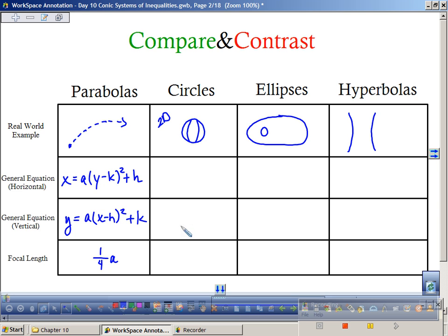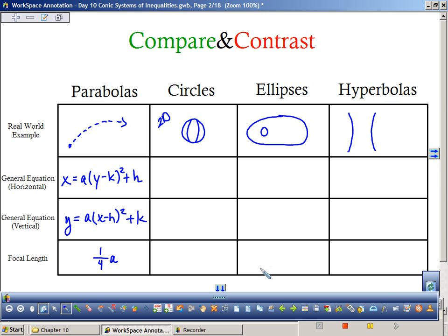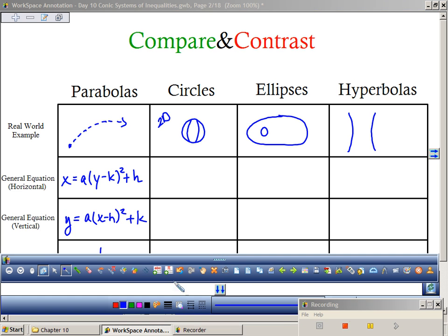But they would have to be the same in order for it to be a circle. But that's not the circle. Good. All right, guys. So a circle.